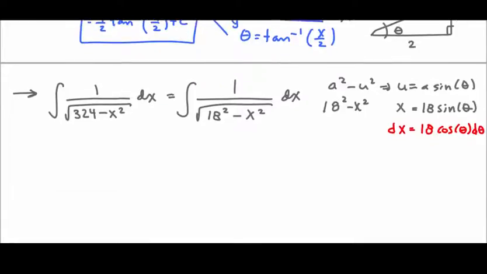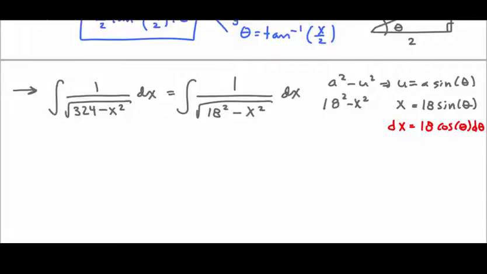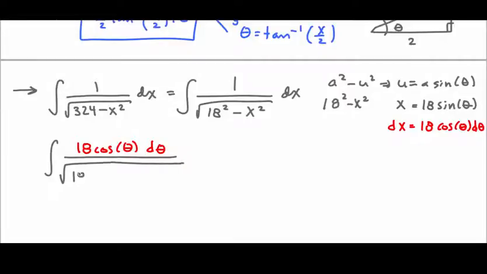Now just like it says, we substitute in trig sub. So in place of this dx, I need to have 18 cosine theta d theta. Now in the denominator, I go ahead and sub in as well, and I just have my 18 squared minus x squared.